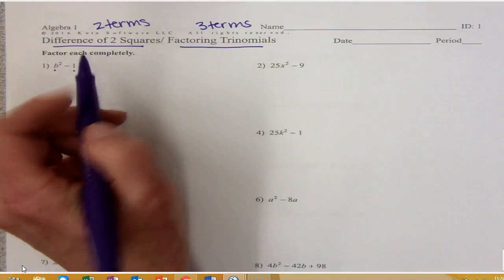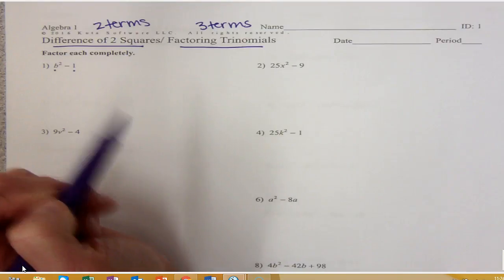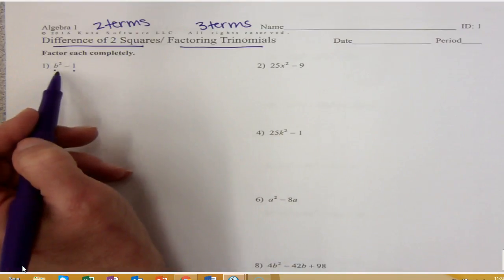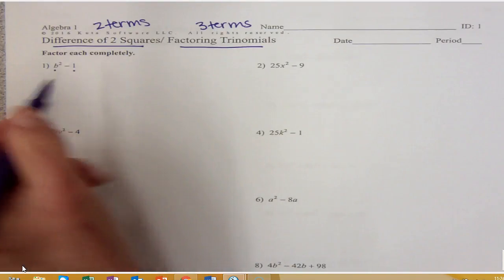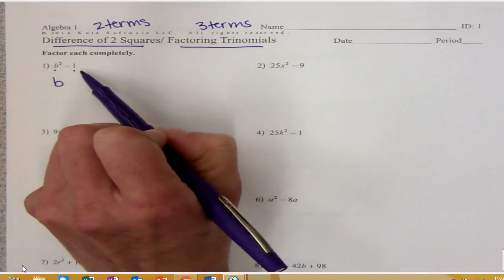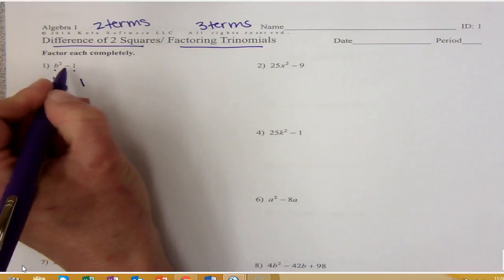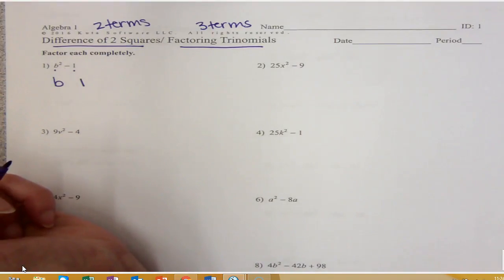So I'm going to look to see, is there a difference of two squares? Can I take the square root of b squared? Yes, it will be b. Can I take the square root of 1? Yes, it is 1. Is there a minus sign in between? Yes. And I forgot to check, was there a greatest common factor?